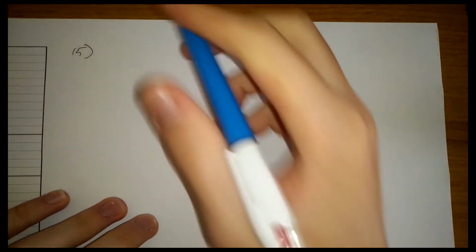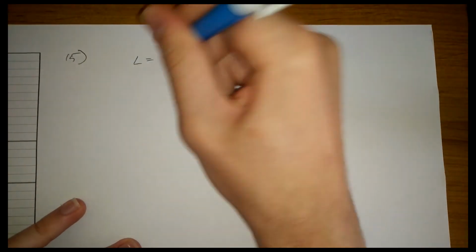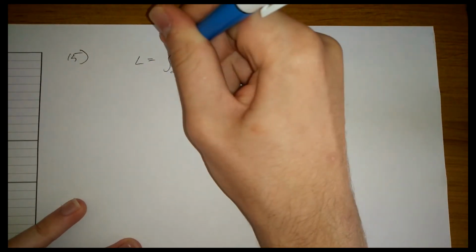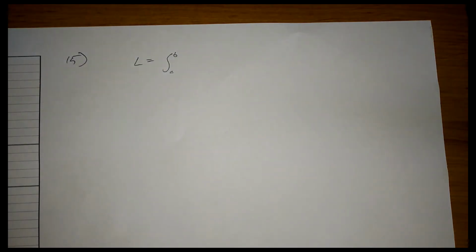Find the length of the curve f(x) equals ln sec x from x equals 0 to x equals pi on 4. So if we want to find the length of a curve, we can just do the integral from a to b of, getting my formula sheet.